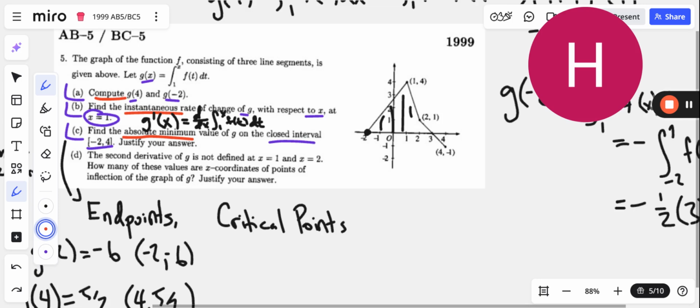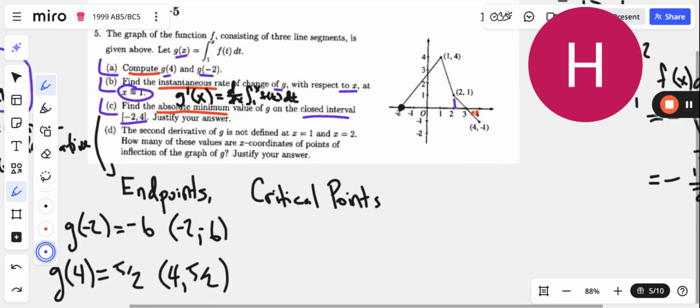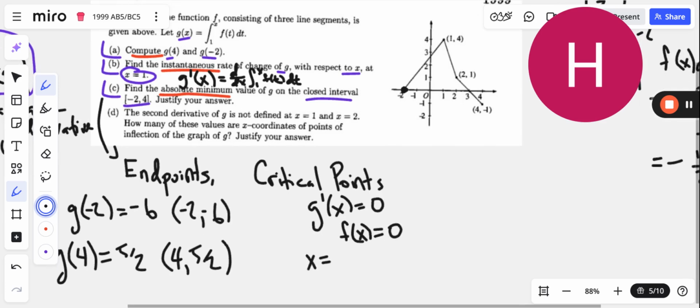The values are going to increase quite a lot, and then at some point they'll go back down a little bit, but it's only going to go down enough to cancel out how much was gained in the portion from 2 to 3. So if we look for critical points, we're looking for where g prime is 0, which just means f of x is 0. And that's going to be when x equals 0 and when x equals 3.